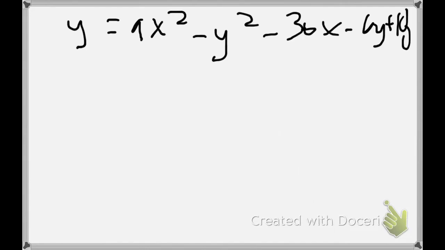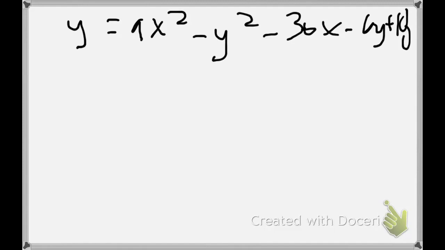So the next problem asks, the equation of a hyperbola is defined as 9x squared minus y squared minus 36x minus 6y plus 18, and we have to find the center.